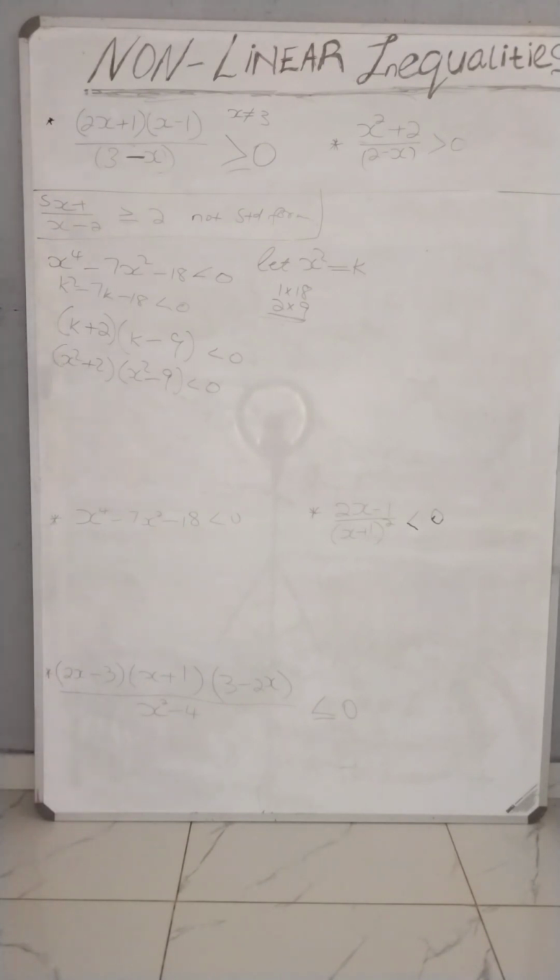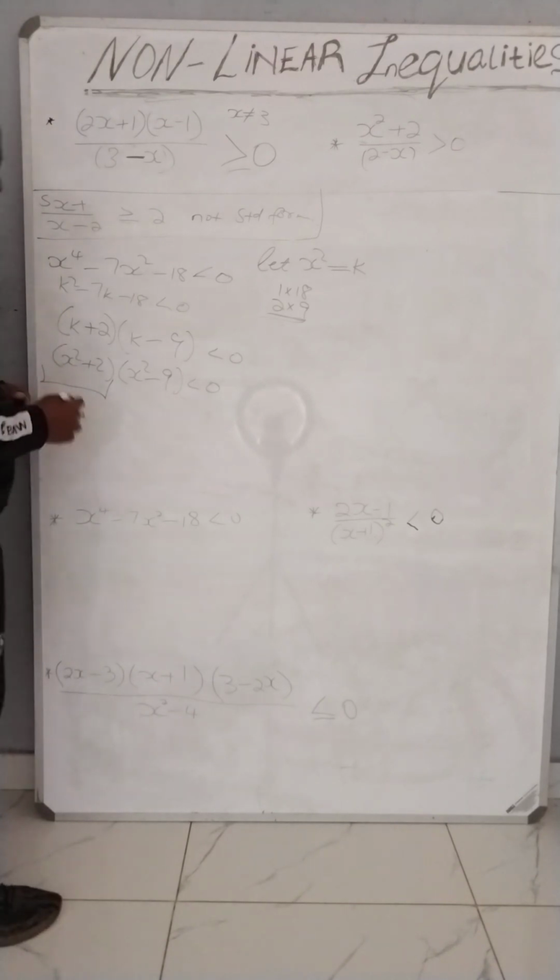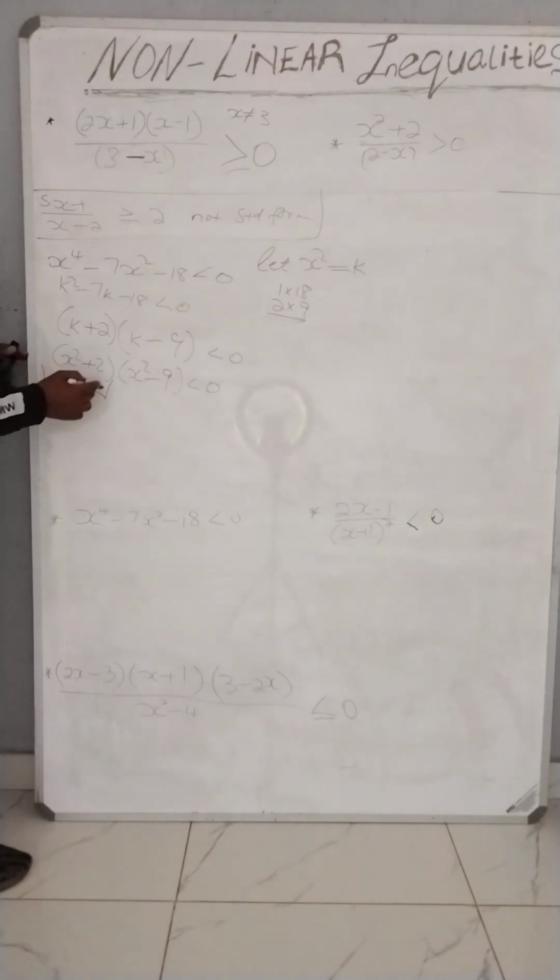Okay, so once you're here, you can then go ahead and look for the values for which this factor is 0. If you look at this expression, it will be positive for whatever value of x you put.